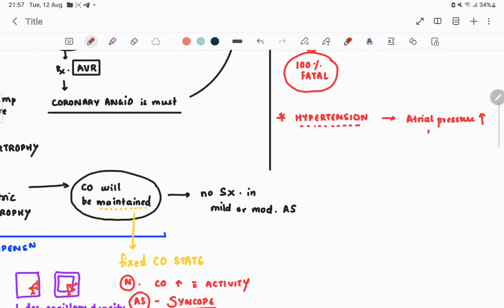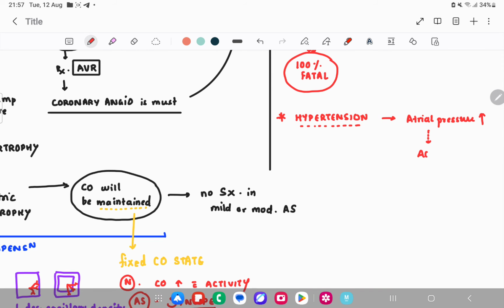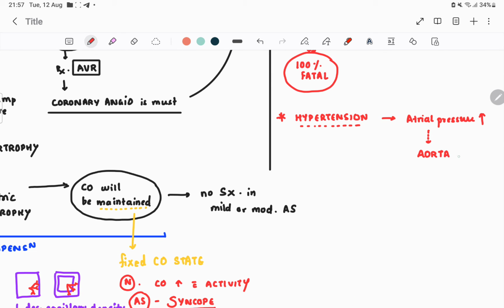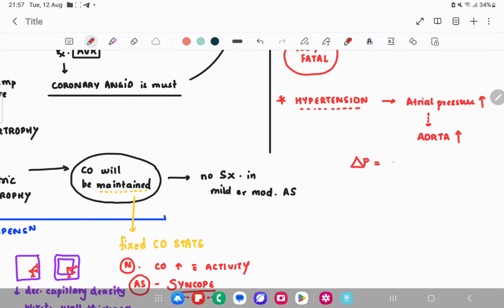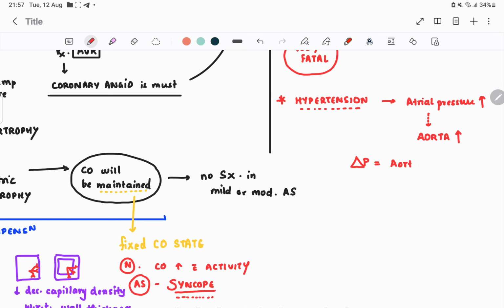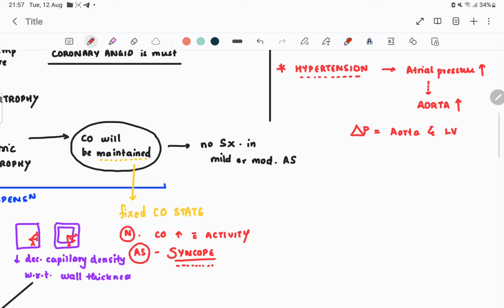Arterial pressure is more, obviously, which means that it will reflect in the aorta. The aortic pressure is more. We said that delta P is basically the pressure difference between the aorta and the left ventricle. So when the aortic pressure increases, this delta P must fall.